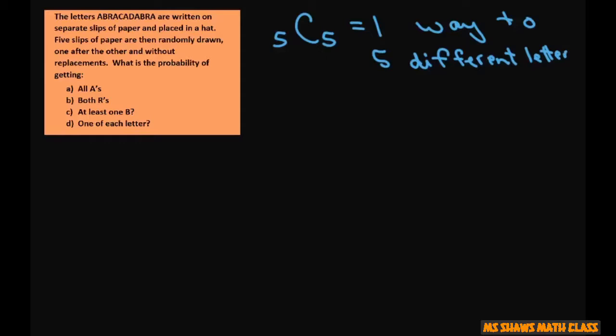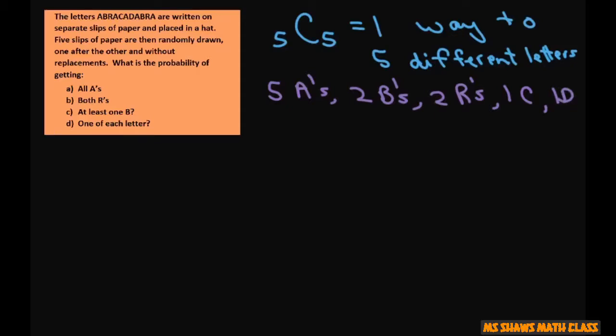Now let's count up our letters. So we have 5 A's, 2 B's, 2 R's, 1 C, and 1 D.